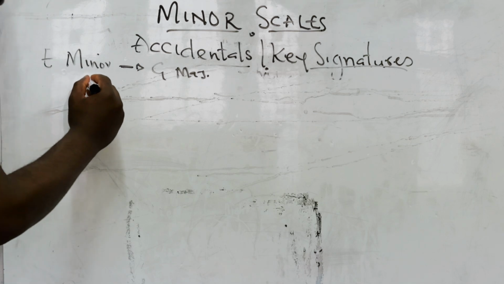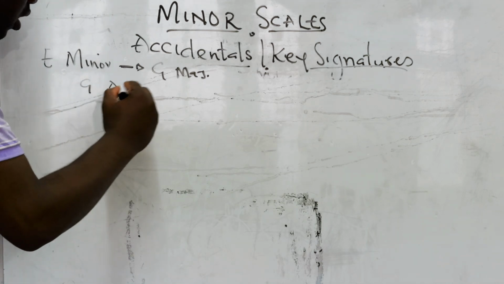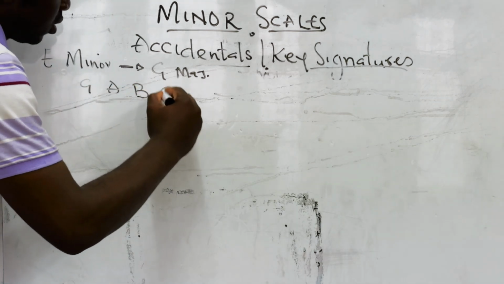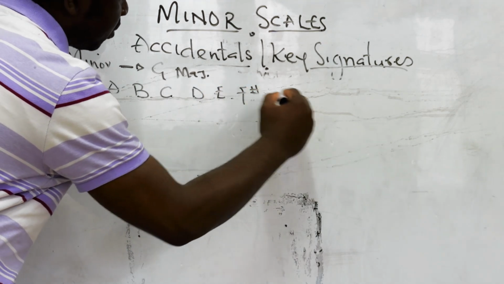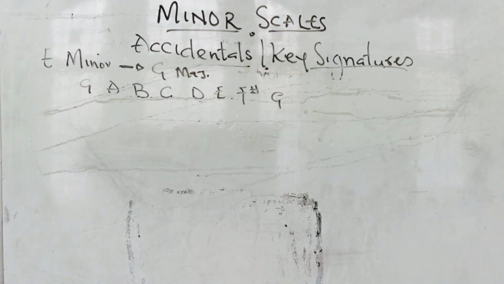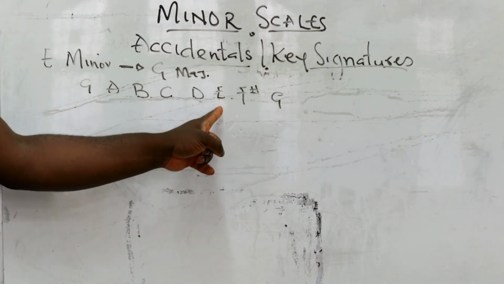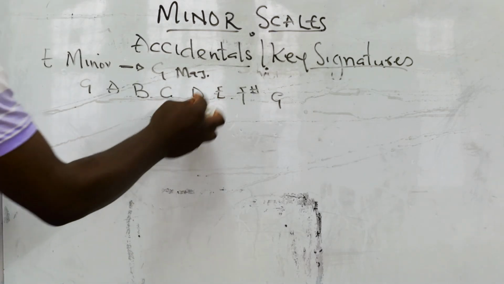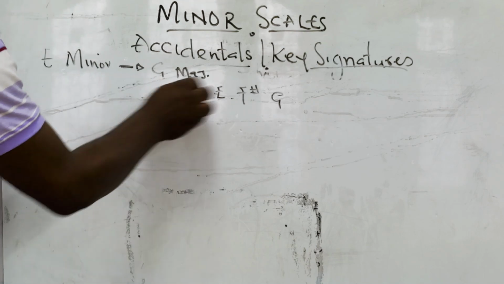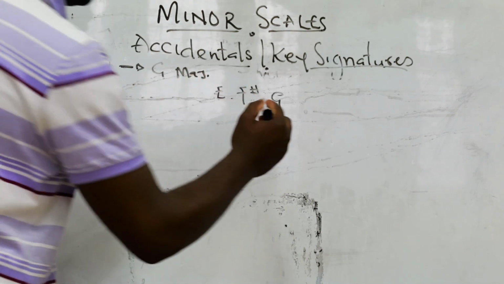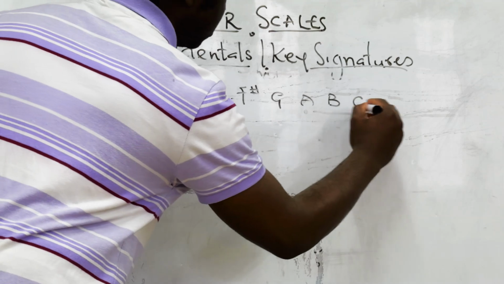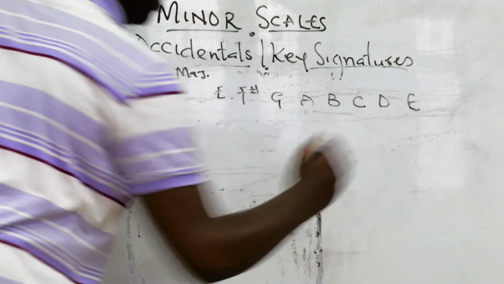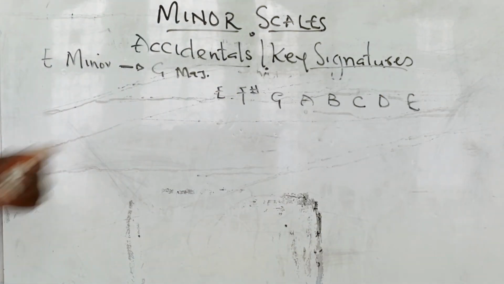You have G, A, B, C, D, E, F sharp, G. Now let's get the natural minor out of this. Start from the 6th note. Let me rub off all these and start from here. E, F sharp, G, A, B, C, D, E. So this is the natural minor.